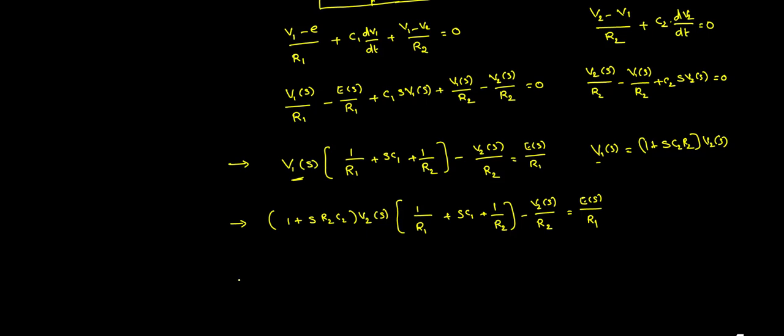So that finally indicates, taking V2 of s by E of s, V2 of s by E of s is equal to R2 divided by 1 plus s R2 C2 into (R1 plus R2) plus s C1 R1 R2 minus R1.